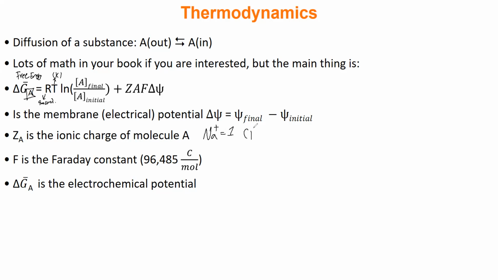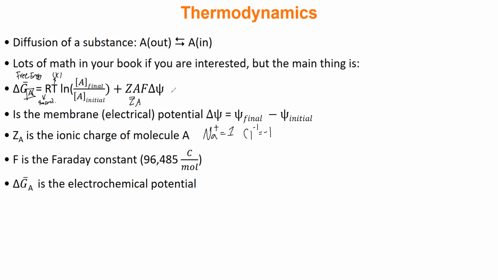While if it was chlorine, chlorine has a negative charge, so that's equal to -1. So that's what Z is, and this is actually supposed to be Z of A. That A is supposed to be lowercase. Multiplied by Faraday's constant, 96,485, multiplied by this, delta phi, or psi actually.